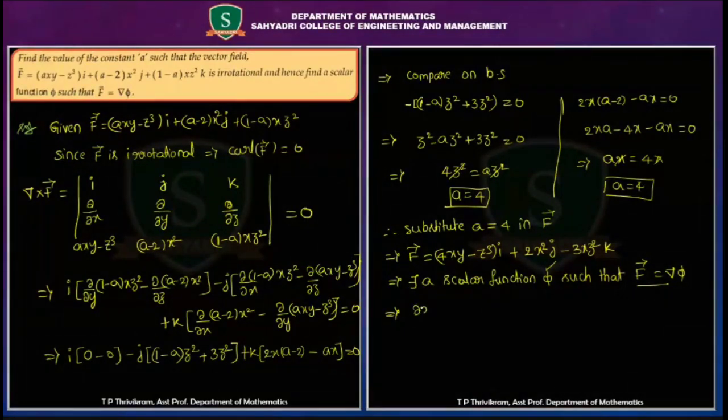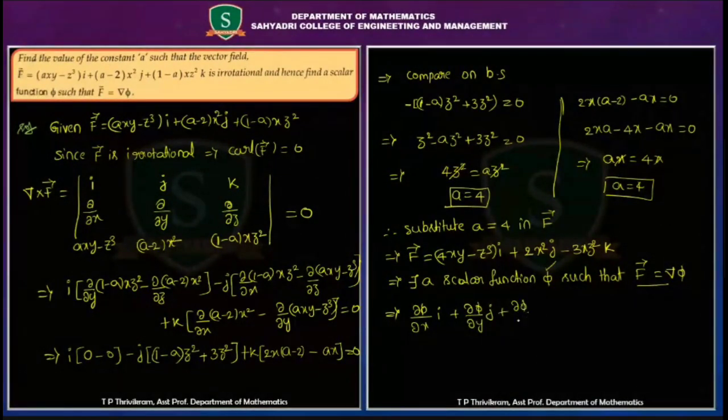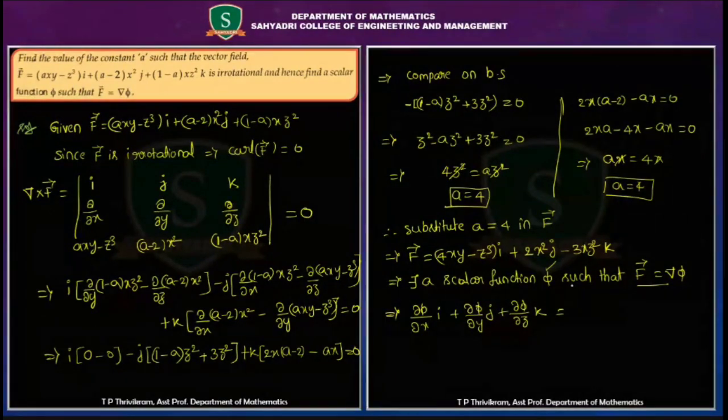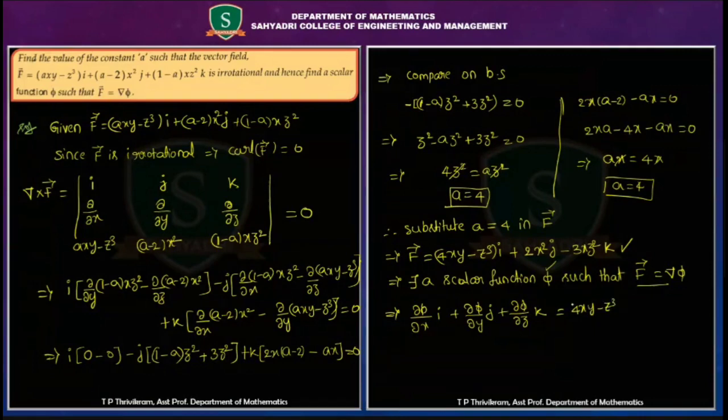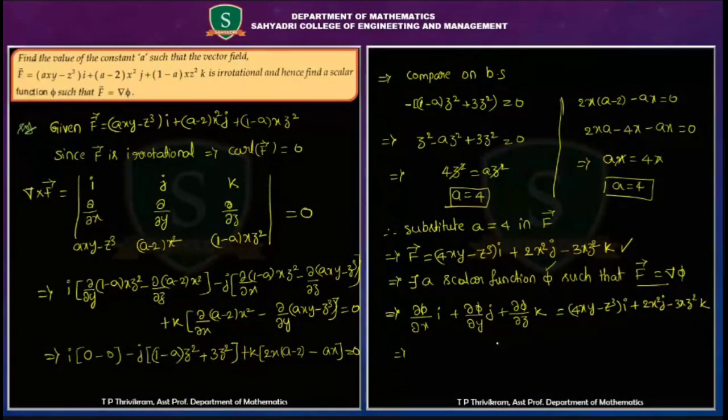Del phi is dou phi by dou X I plus dou phi by dou Y J plus dou phi by dou Z K, equal to the modified F, that means (4XY minus Z cube) into I plus 2X square J minus 3XZ square K. On the left hand side there are derivatives of phi with respect to X, Y, Z, and on the right hand side there are functions of X, Y, Z. So again compare on both sides.